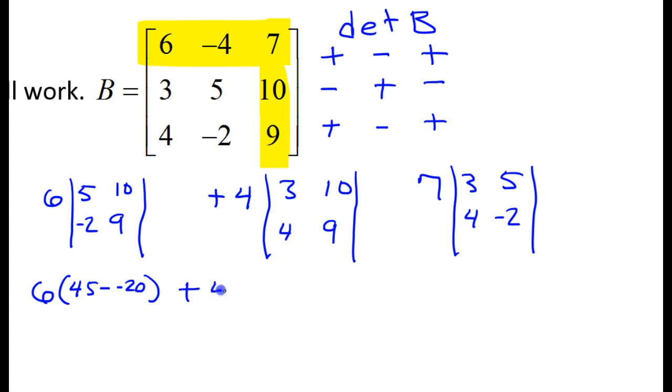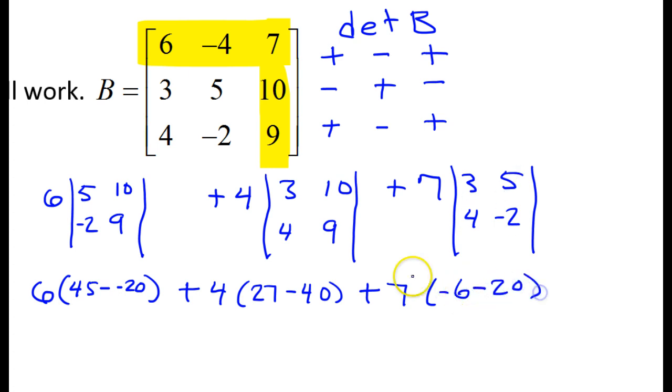So then I have plus 4 times, again, down diagonal minus up diagonal. So 27 minus 40. Okay, we left this the same, so this is a plus. 7 times down diagonal minus up diagonal. So -6 minus 20.